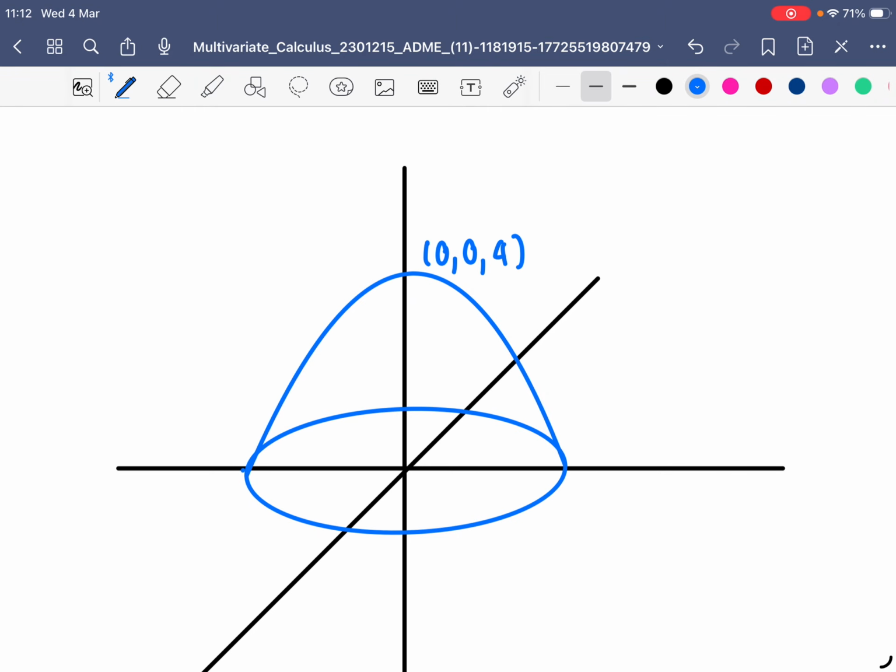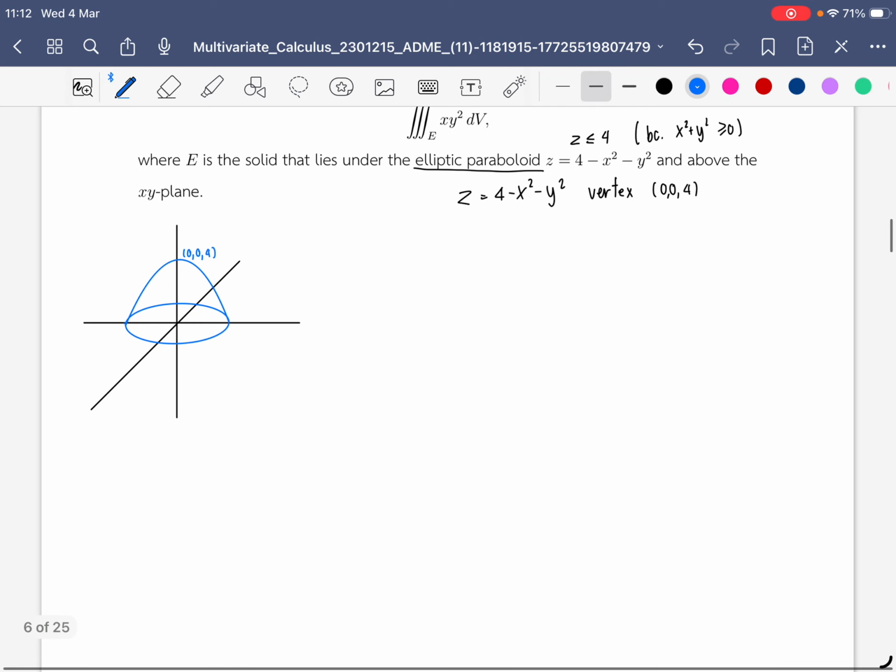Now I'm going to consider the first variable of integration, which is z. The question says that you want to find the solid that lies under this elliptic paraboloid and above the xy plane, so just like this. What is the lower surface? z equals 0, right? It's on the floor. What's the upper one? The paraboloid, right?